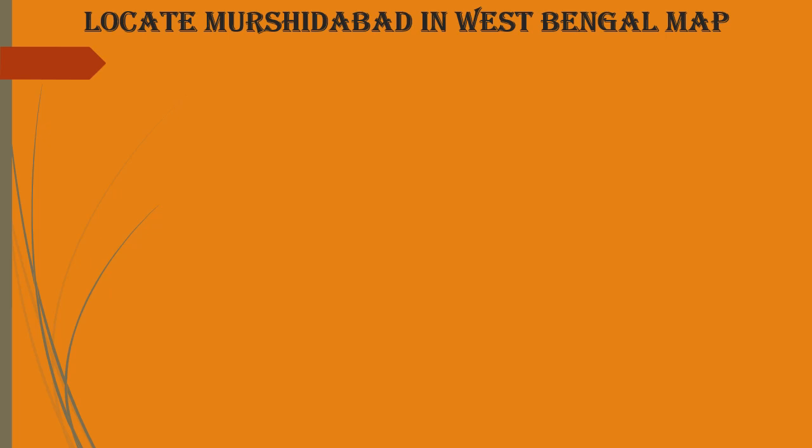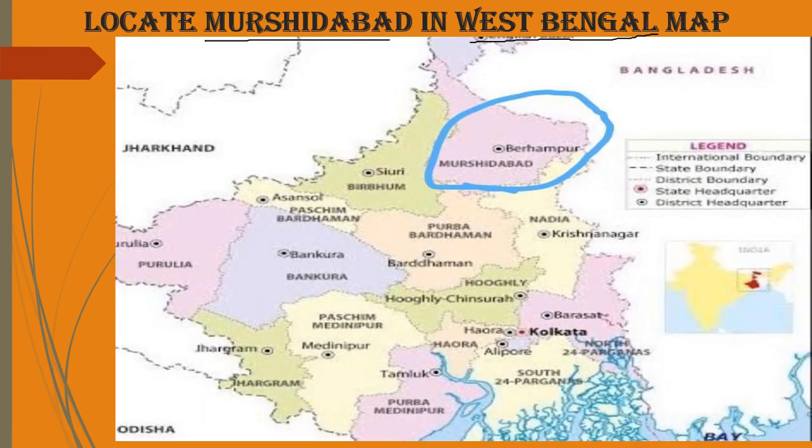Now we are going to locate Murshidabad in West Bengal. So I'm going to show you the map of West Bengal. So look here, this is the map of West Bengal, and look here carefully, this is the map of India, and this red part that is shown is West Bengal.